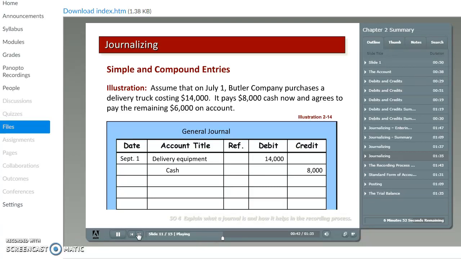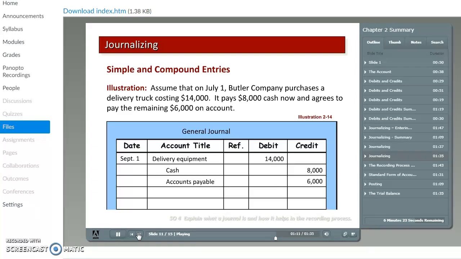After the first 2 accounts have been entered, we see that the journal entry is not in balance because there are debits of $14,000 and credits of $8,000. The third account, accounts payable, a liability account, increases because the company now has a debt for the balance due on the truck purchase. Accounts payable is credited because liabilities increase with credits.